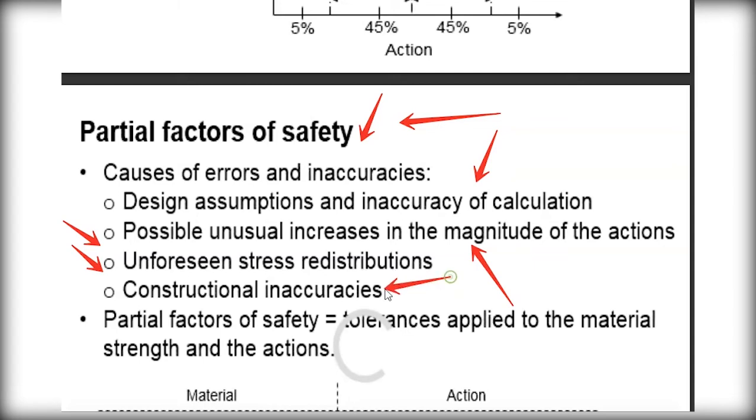So that is constructional inaccuracy. Most of these are cut off by the partial safety factor, which is the tolerance applied to the material strength and the action, where action means the force. So the use of the partial safety factor is to cut off all these.